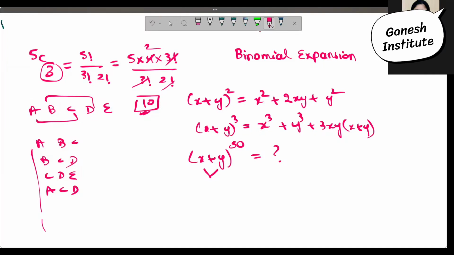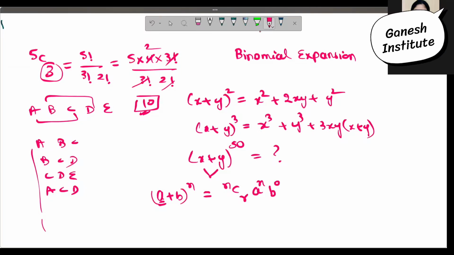Why? Two elements are there, two unlike terms, right? Now, if I have to solve a plus b raised to power n, you need to do NCR. You will start with full a raised to power n and no b, and then you will keep decreasing a and keep increasing b.